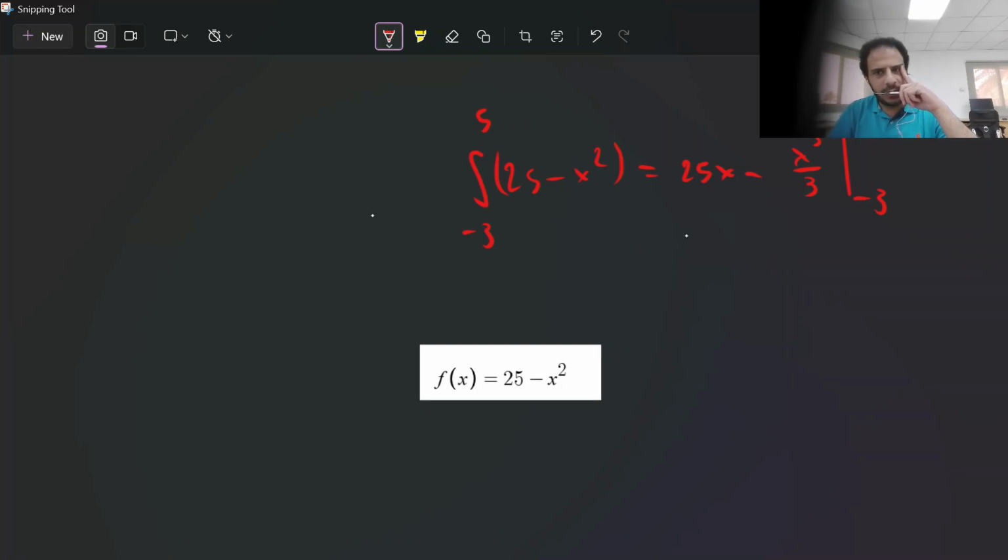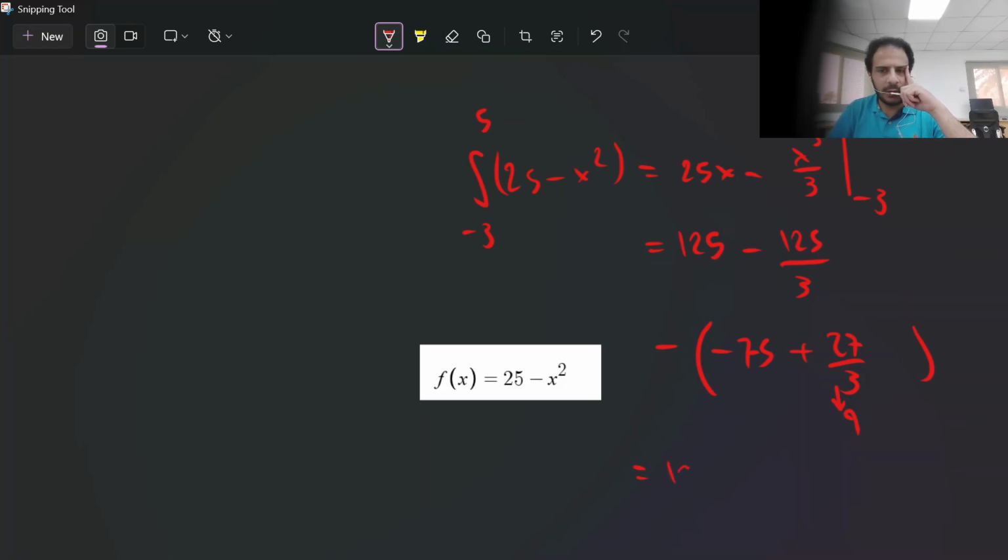Then you substitute 5, you get 125 minus 125 over 3. Then minus, now you substitute minus 3. You get minus 75 plus 27 over 3. Plus because minus 3 cubed is minus 27, and you have minus, it becomes a plus. 27 over 3 is 9.